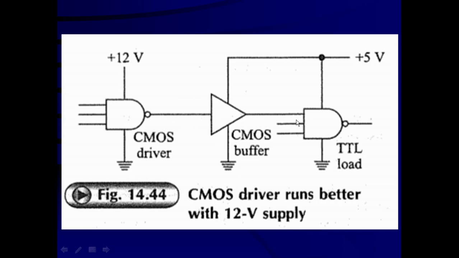In between the CMOS driver and the TTL load, a CMOS buffer IC is utilized, which can operate from a supply voltage of 3 volt to 15 volt, but it is connected to 5 volt to make it compatible with the TTL interface. And its input may be 12 volt, but still this IC can provide compatibility with the TTL when it is connected to plus 5 volt.